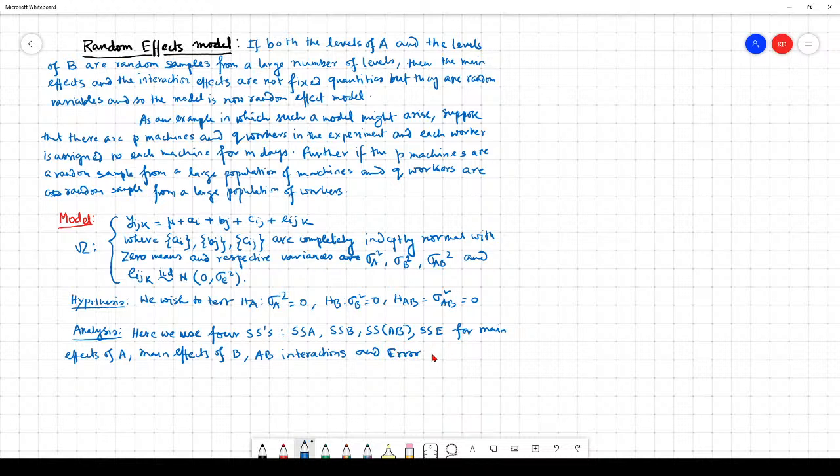They are defined in terms of observations Yij, the same as in the fixed effects model.